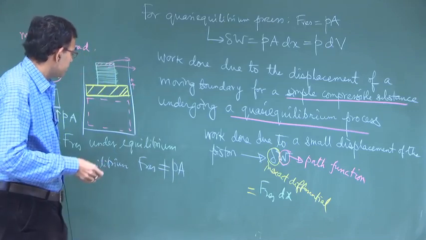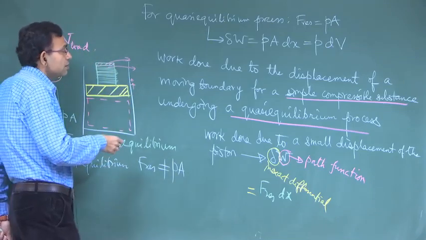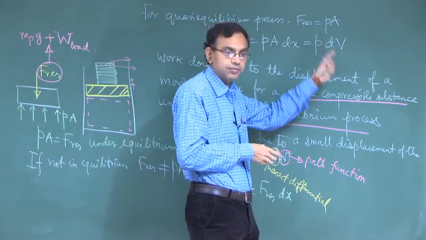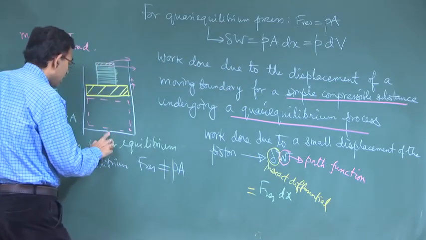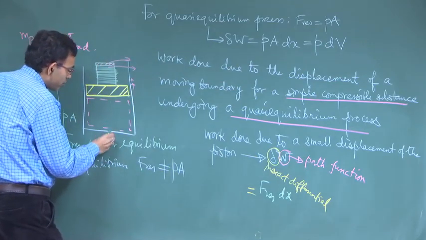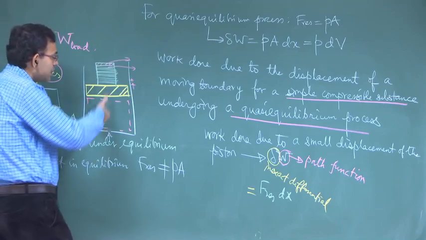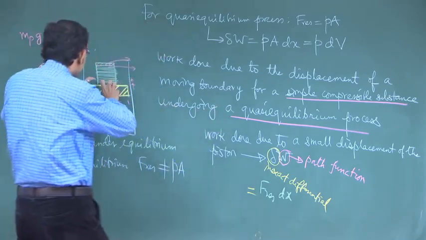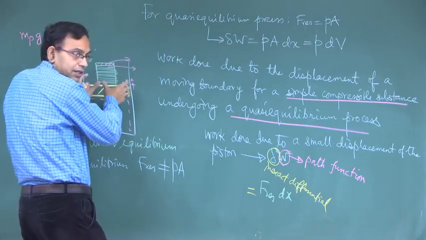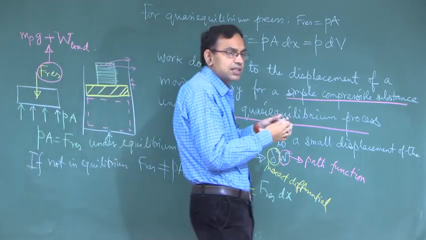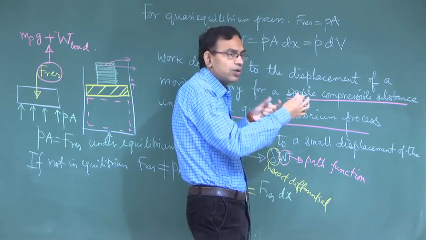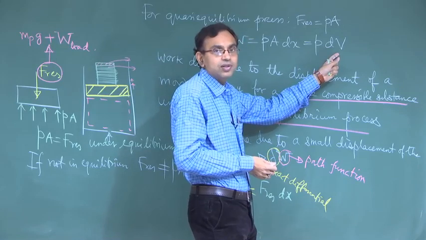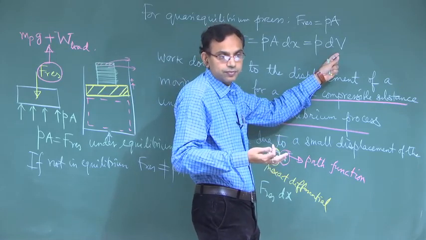Number 2 is there is no necessity that this has to be a closed system. For example, if you have a hole through which you supply air and then this is moving, if it is moving in a quasi equilibrium process, the work focuses only on the system boundary displacement. So, whenever there is system boundary displacement in a quasi equilibrium process, the work done will be this, it does not matter whether it is a closed system or an open system.